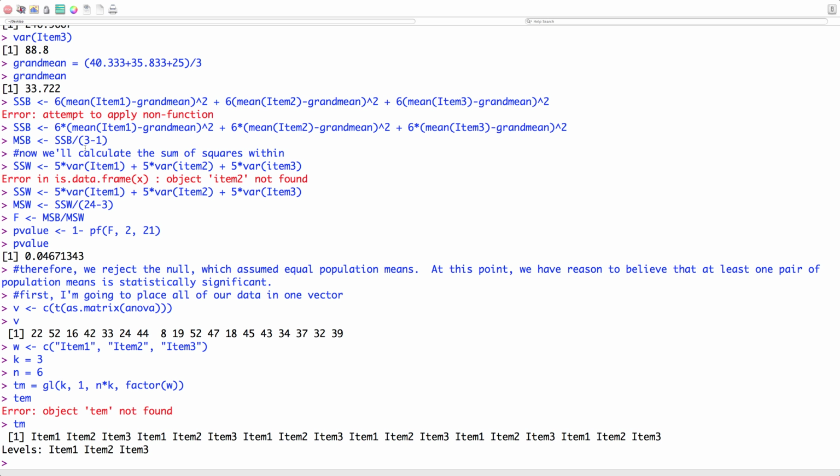Now you can see what I did: K is the number of times that I want each of these to occur. I want everything to occur one time, and of course n times K would be the stopping criterion, if you will, and then I want to set it according to the factor, item 1, item 2, item 3.